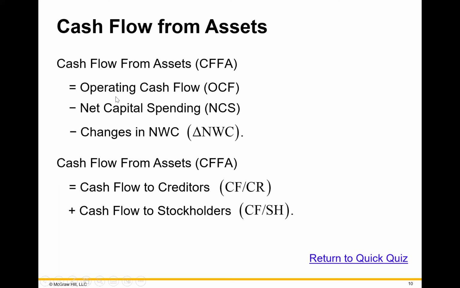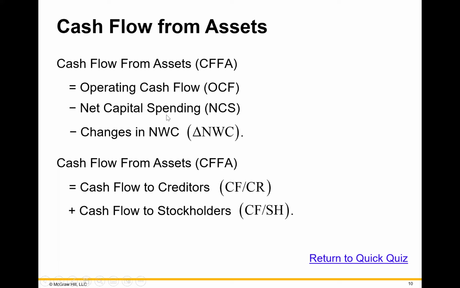So if you can, from the data you have, given an exercise, get operating cash flow, net capital spending, and the change in net working capital, you can use those three, this minus this minus this, and that will leave you with cash flow from assets. But let's say what they gave you as information is cash flow to creditors and cash flow to stockholders, then you can just add those two together and you get cash flow from assets.